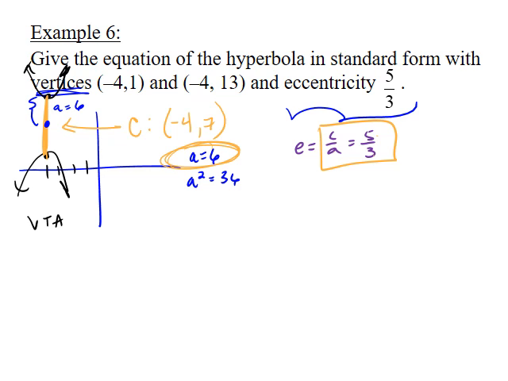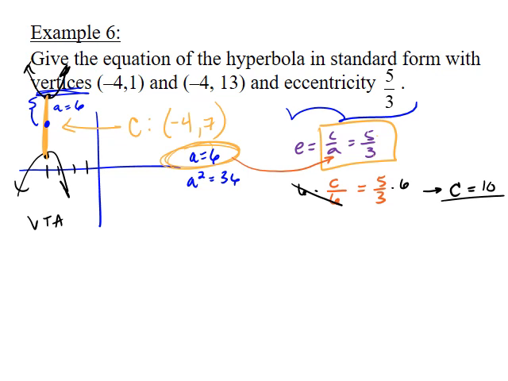So I'm going to plug this in here and then find C. C divided by 6 is 5/3. I'm going to multiply both sides by 6, and I find that C is 10.